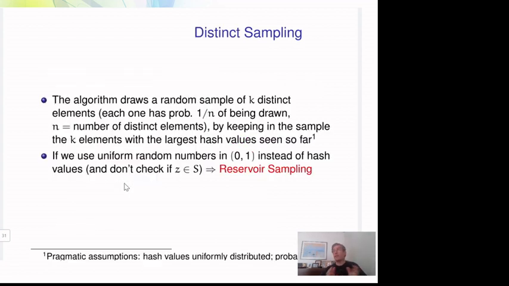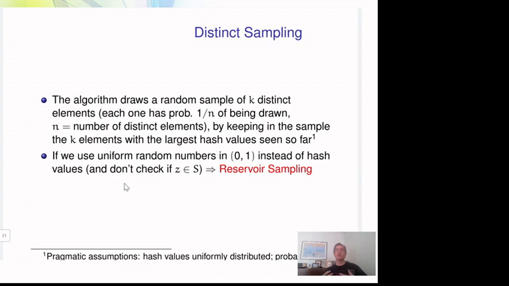And the fact that under some reasonable assumptions, like there will be no collisions, distinct elements will not hash to the same value because, well, if we pick enough bits for our hash functions, the probability of collision is negligible.